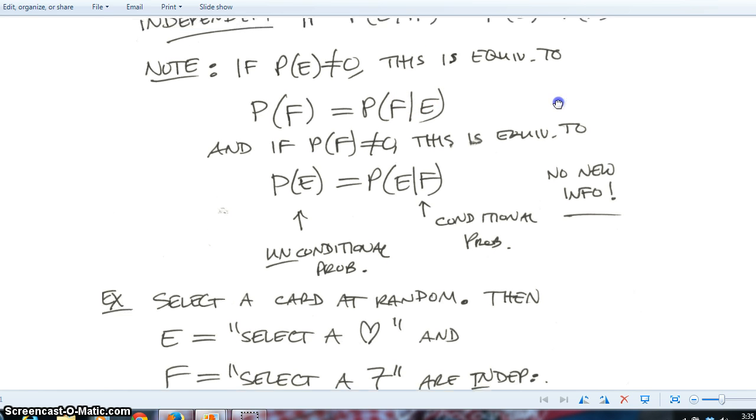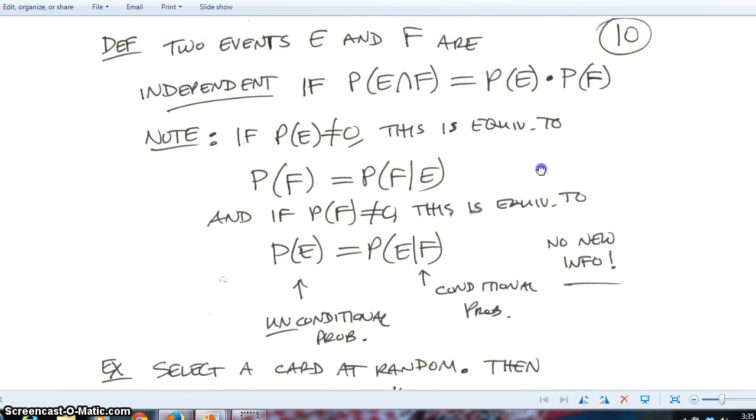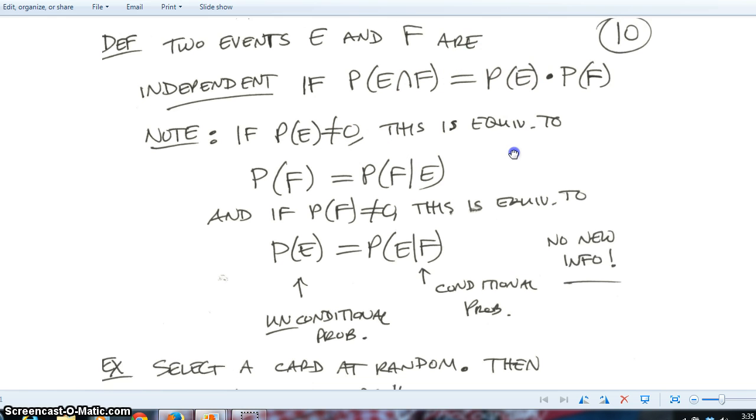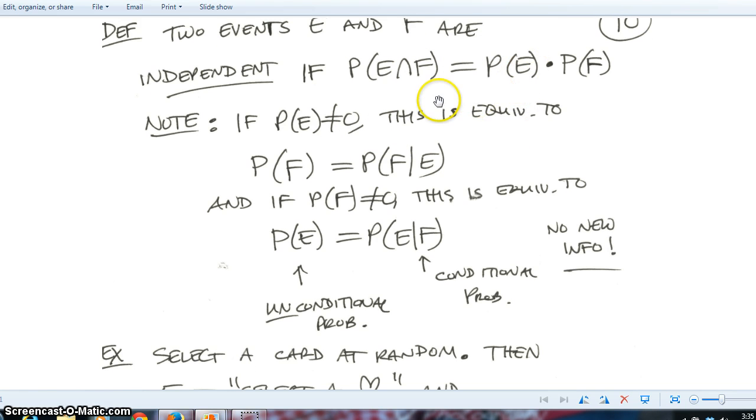So go back to the formulas, and I'll go over this in class. If you look at the formula for conditional probability, this equation here is exactly equivalent, because if you divide through by probability E, this is saying the conditional probability is equal to the unconditional probability.